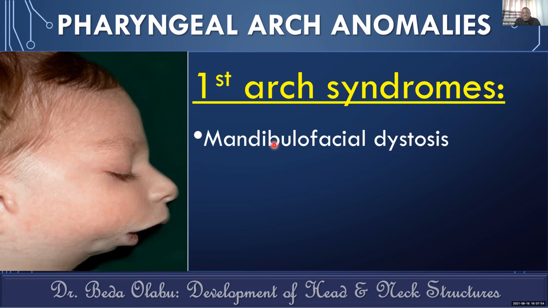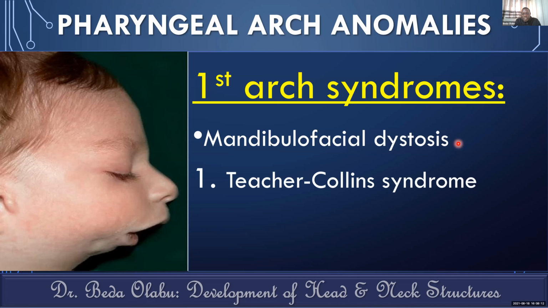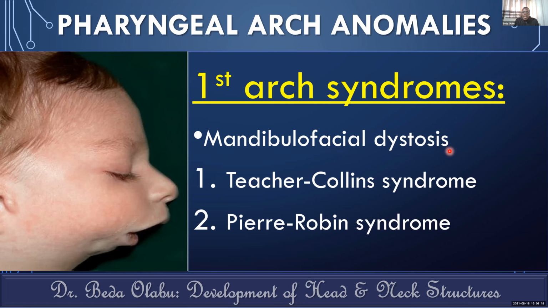They manifest with abnormal skeletal makeup of the mandible and the face, so that you'll have some abnormal skeletal makeup in terms of their proportions. So the best described syndromes are what we call Treacher-Collins syndrome and Pierre-Robin syndrome.